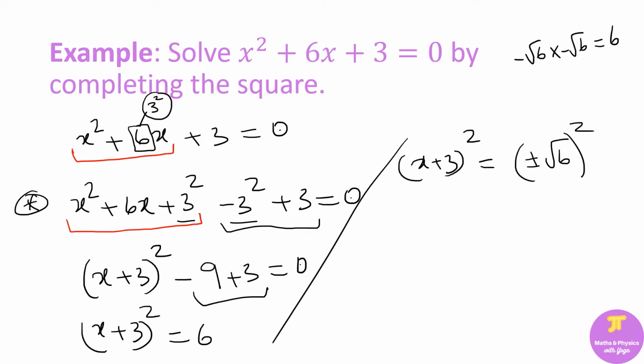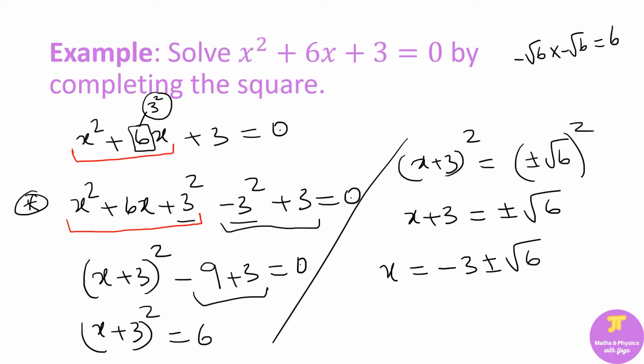So when we take a square root both sides, we will have x plus 3 equal to plus or minus square root of 6. So the answer is x is going to be minus 3 plus or minus square root of 6. So there are two answers. x1 is minus 3 plus square root of 6. The second answer is minus 3 minus square root of 6.